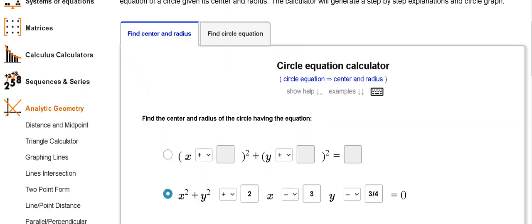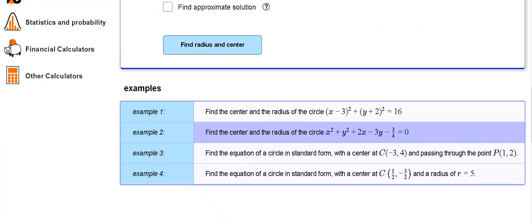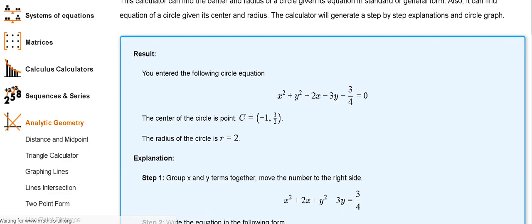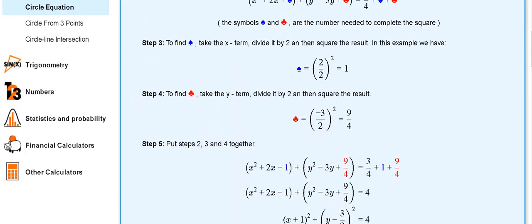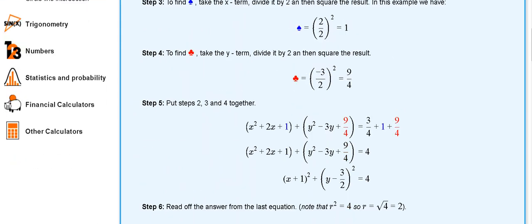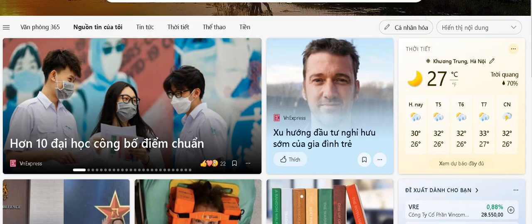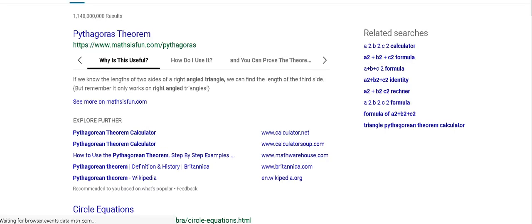Find radius and center. Wait, what? a squared plus b squared plus c equals r to the power of 2.